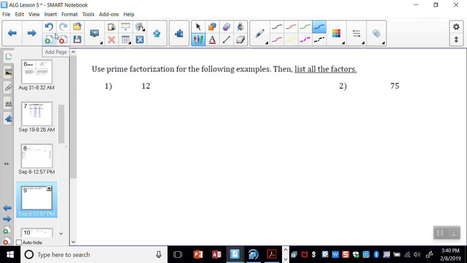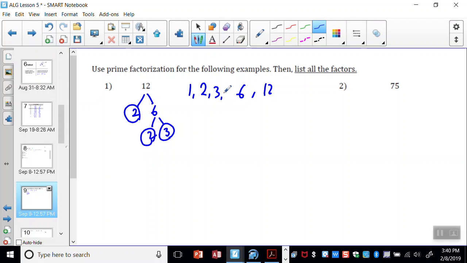Use prime factorization for the following examples, then list all factors. So 12, let's factor it: 2 times 6, 6 is 2 times 3, and these are prime numbers. If you want to list all the factors: 1, 12, 2 times 6, 3 times 4.